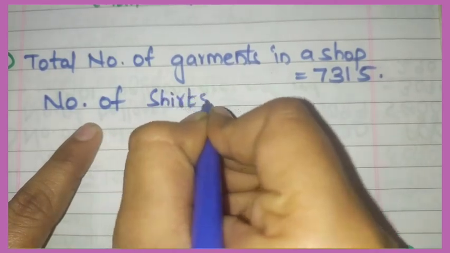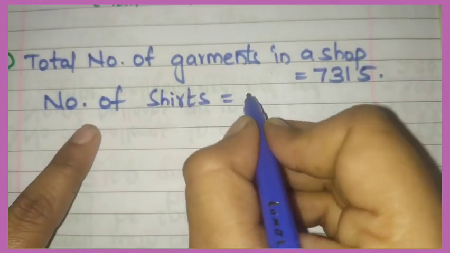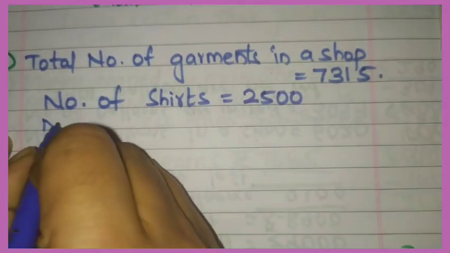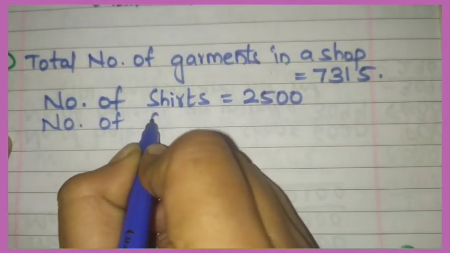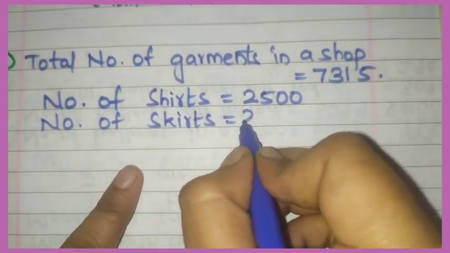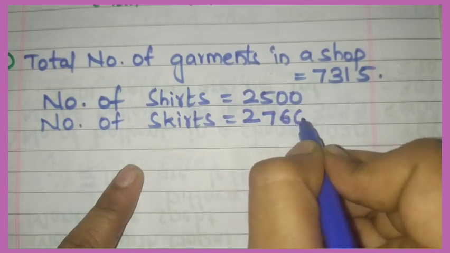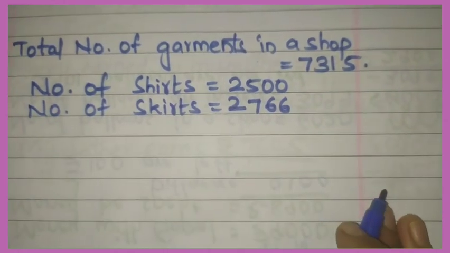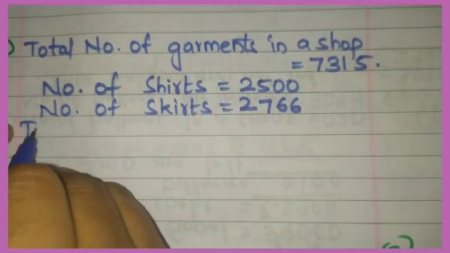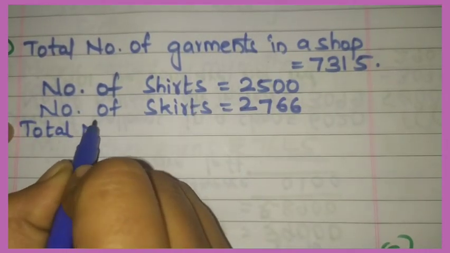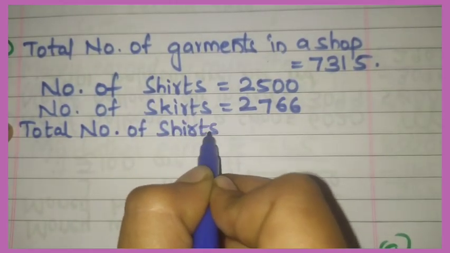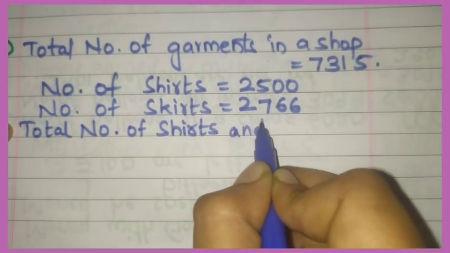Number of shirts. How many shirts are there? Yes, 2500. Okay, next, number of skirts. How many skirts are there? 2766. Okay, now we have to add these two. Total number of shirts and skirts.